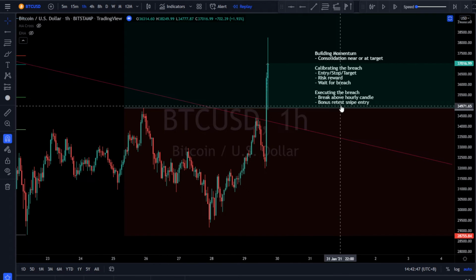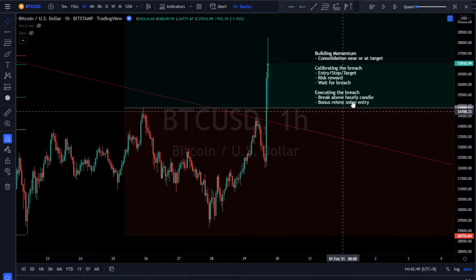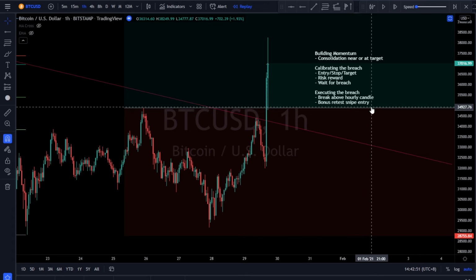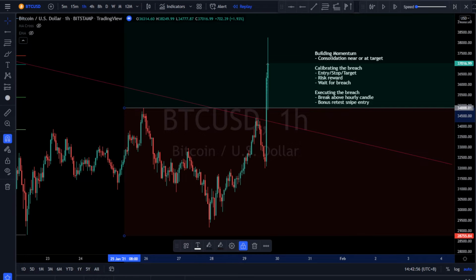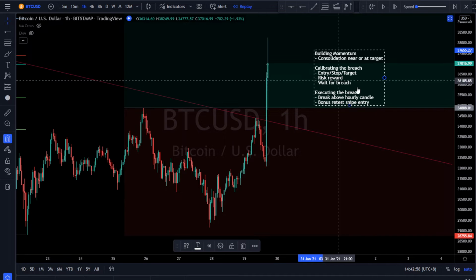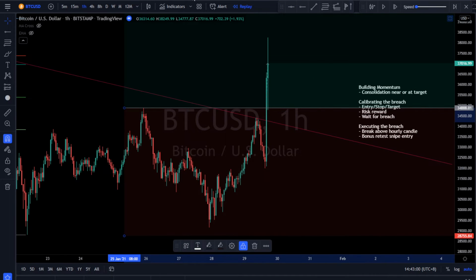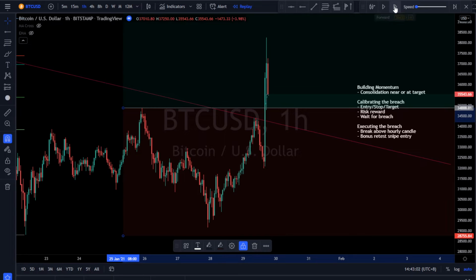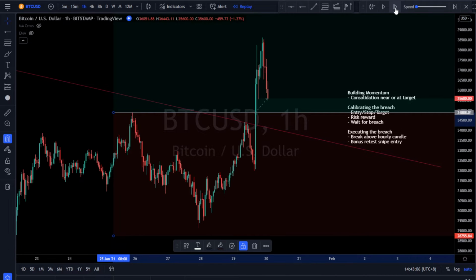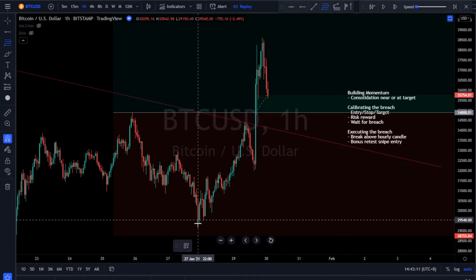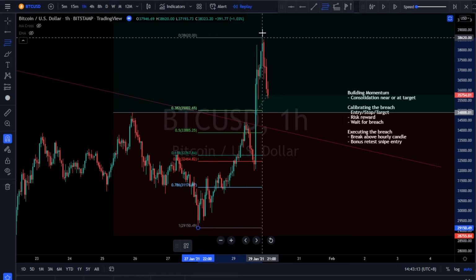Sometimes there is a bonus retest entry for you that you can use the sniping technique to enter as well. So there is one here. Let's wait for it to happen. Okay, so when you start to see an interim top form, what you can do is draw a Fibonacci level.